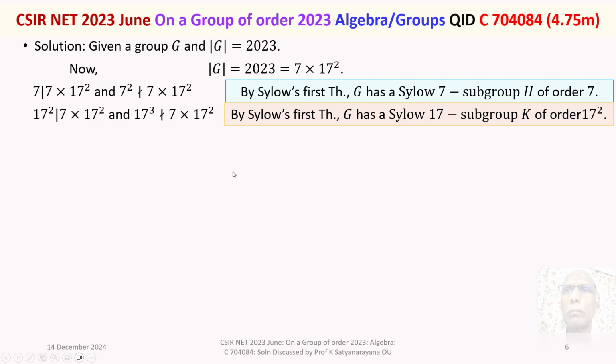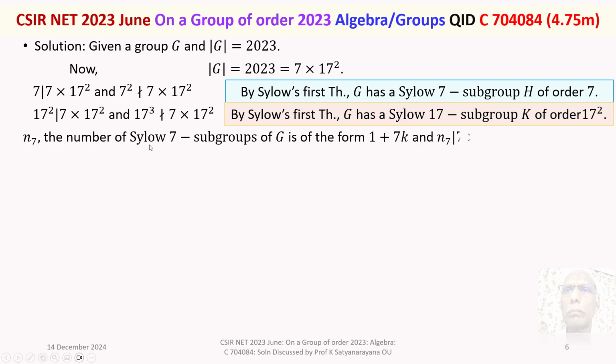Now we will count how many Sylow 7 subgroups of order 7 there are. N7 denotes the number of Sylow 7 subgroups of G, and it is of the form 1 plus 7k, and N7 divides the order of G, that is 7 into 17 square. That is, 1 plus 7k divides 7 into 17 square. This is by Sylow's third theorem.